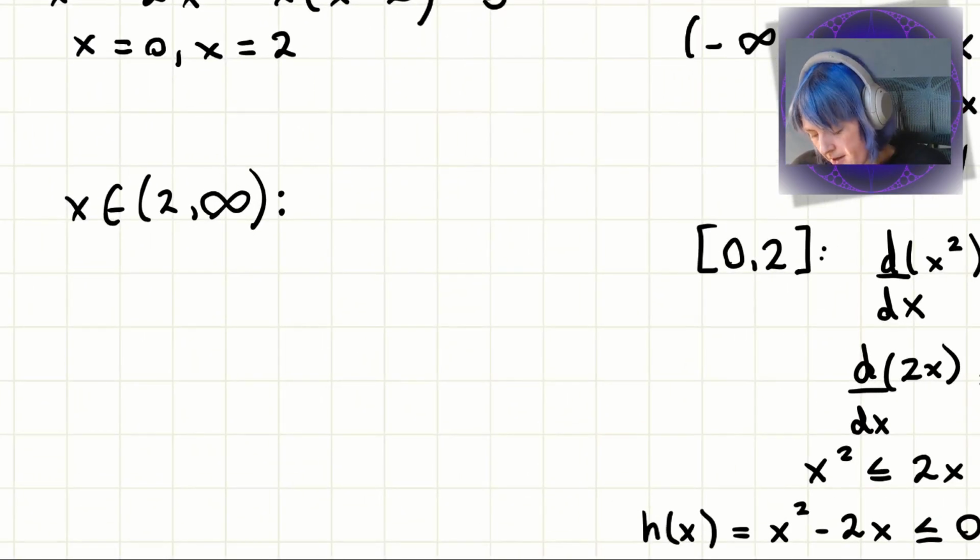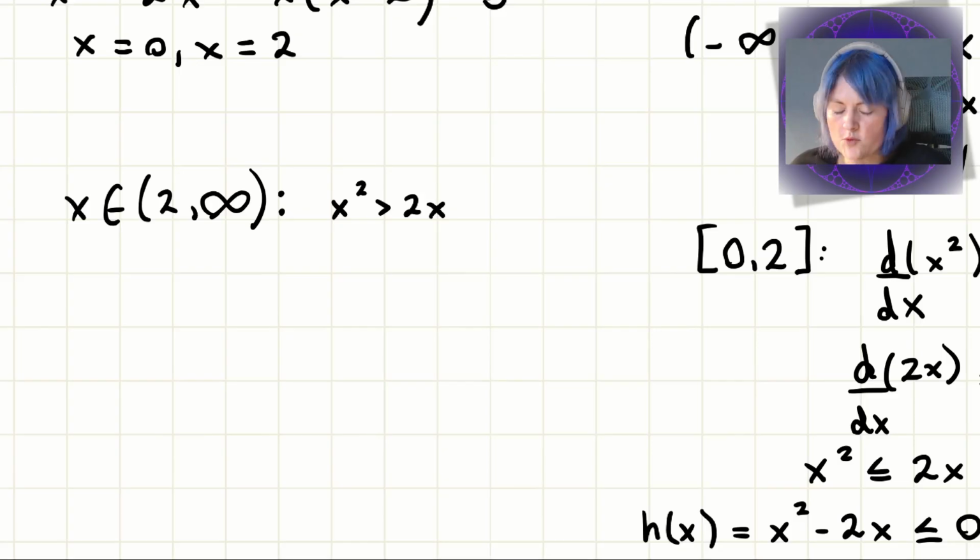We're going to assume that x squared is greater than 2x, because we're just going to claim that 2x is the minimum for this interval. So we're going to back up that claim.